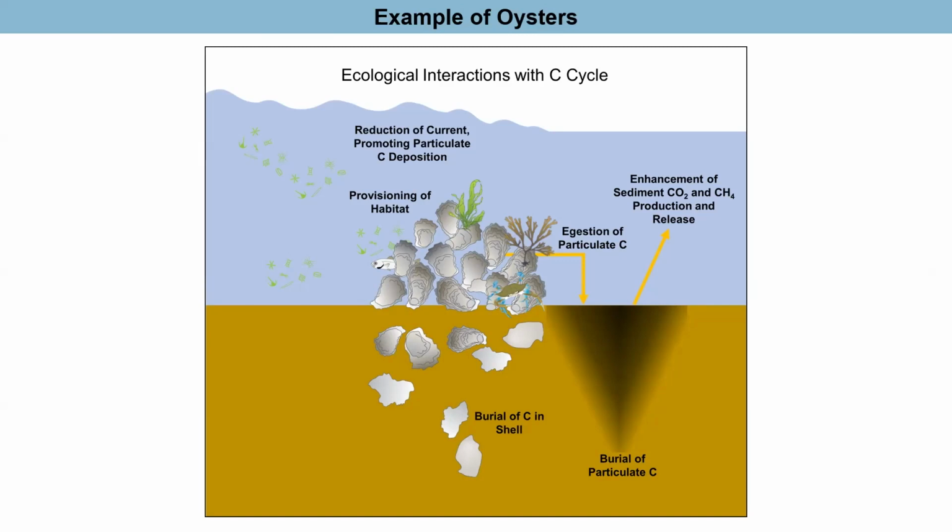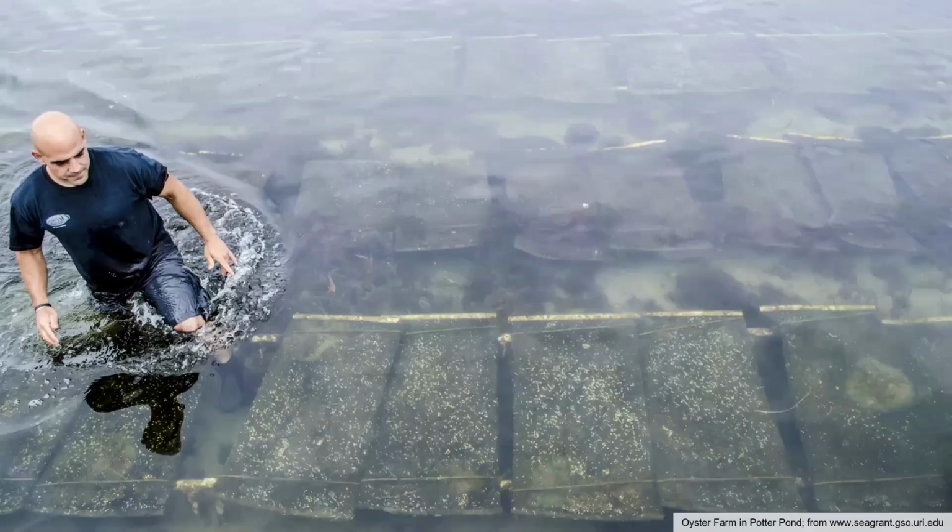But they're also changing some of the currents. We're going to bury some shells, some calcium carbonate. We have this other habitat going on where we might be providing surface area for macroalgae to grow, for other fish and crabs to grow, and we're going to see a change in carbon flux back to the water column, but we're also going to see a change in burial of particulate carbon.